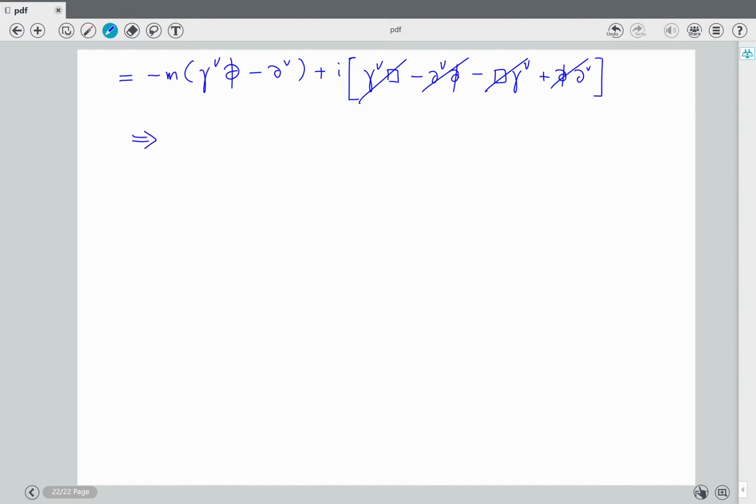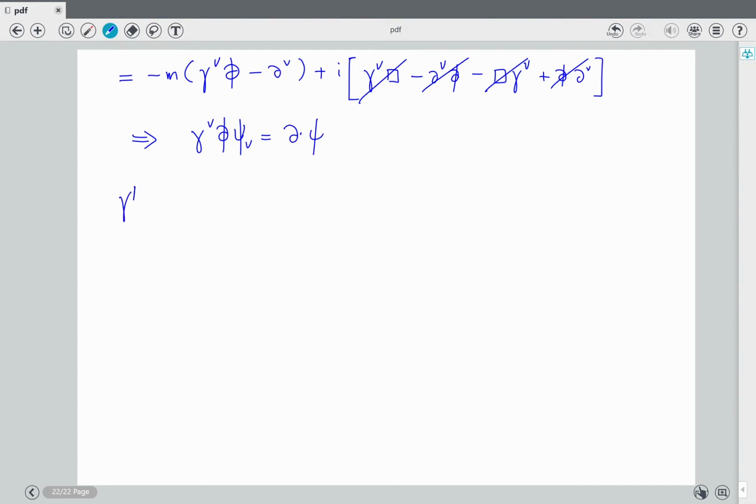So this implies that this object is 0 when it acts on ψ_ν, and that means this. So this is the condition we find from the argument that we have just given.